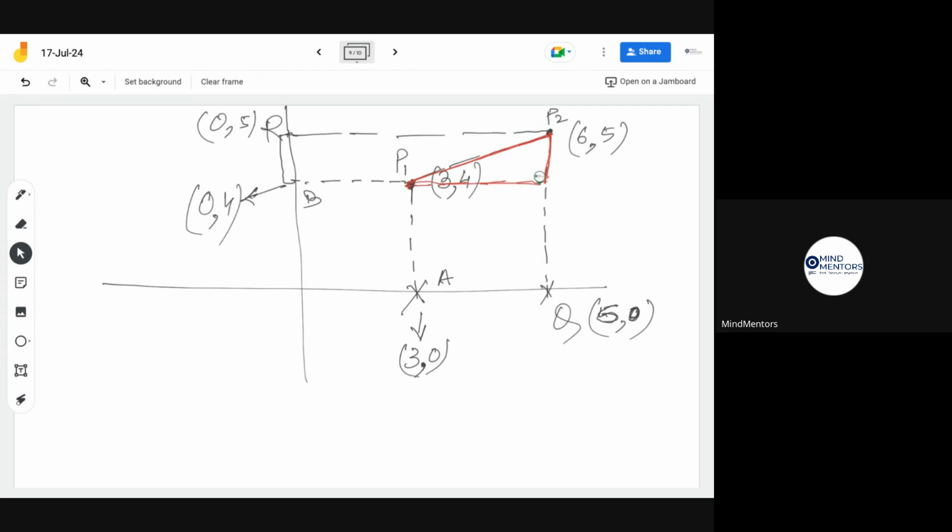I already have P1, P2, and let's call this P3. Can you guys tell me what is the size of P1, P2? Type it out. Calculate P1, P2.